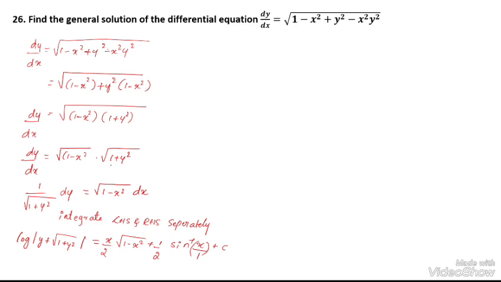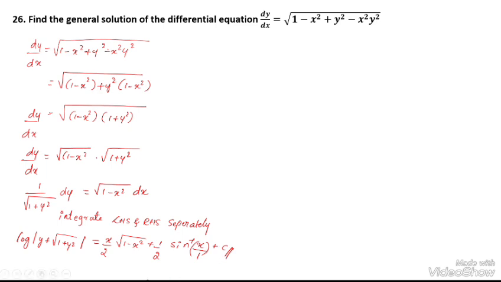For finding the general solution, the first step is separating the x terms and y terms. After that, taking all the x values on the right side or left side and y values on the other side, then integrating separately, you will get the result. This is the solution of the given problem.